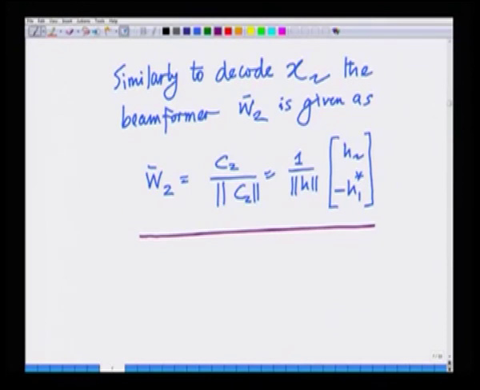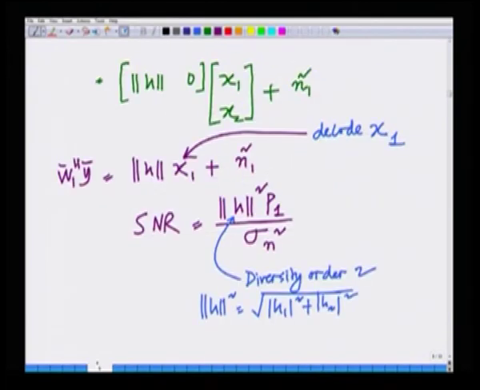Before we look at a basic example, first let me go back to the SNR of this Alamouti system.